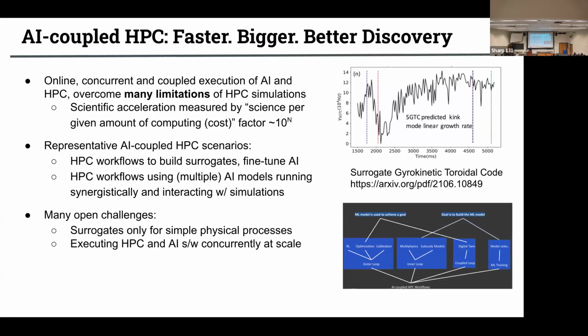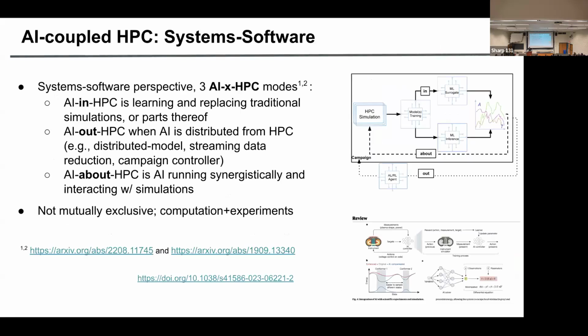It's important to appreciate that it's not just AI overcoming the limitations of HPC, but at the same time, HPC being used to improve the AI, the continual loop. And I want to give you examples. But this is not something you can just log on to your favorite supercomputer and be able to do, right? That's many research challenges, many software engineering challenges, and obviously trying to bring the applications into this mode.